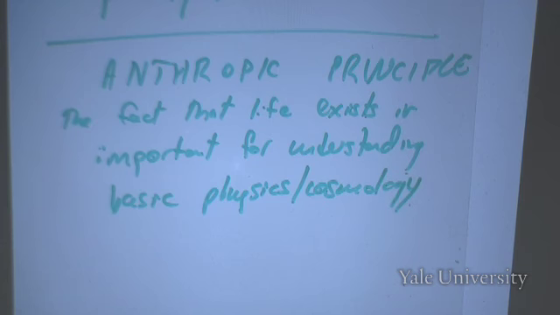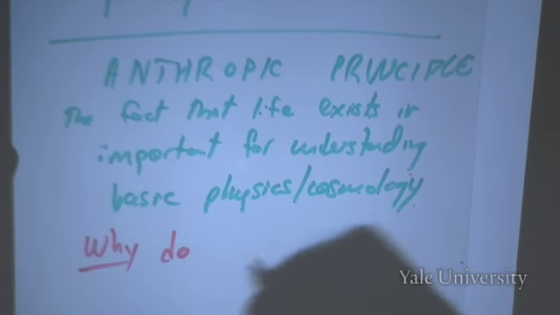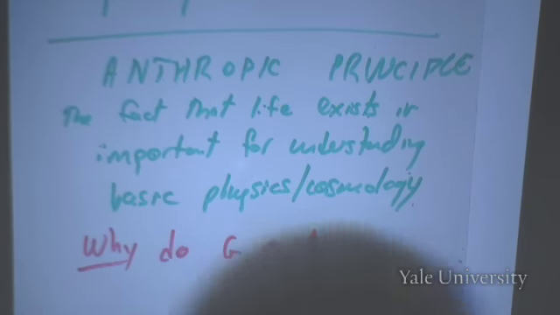And the way I've just stated that, that seems kind of obvious, right? Of course it has to be true that the universe is such that we can exist because we know we exist and we're the ones who are studying the universe. And so just in that form, it's not very interesting, but the implications of it lead you in a wide variety of different philosophical directions. So the question is, why do all these constants, G, c, lambda, what have you, have the values they do?